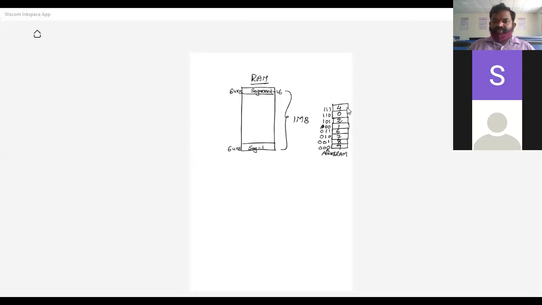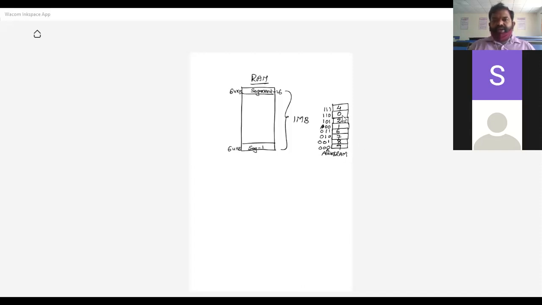If I want to access 4, I don't give the instruction like 'I want to access the 4.' No. I should give the instruction like: Mr. Processor, please copy the data which is available in the 111 memory location. So I should specify the address of the data. Then only the processor can copy the data from the RAM.